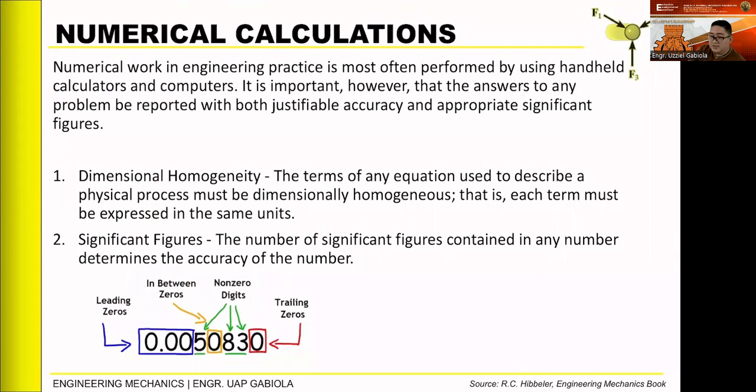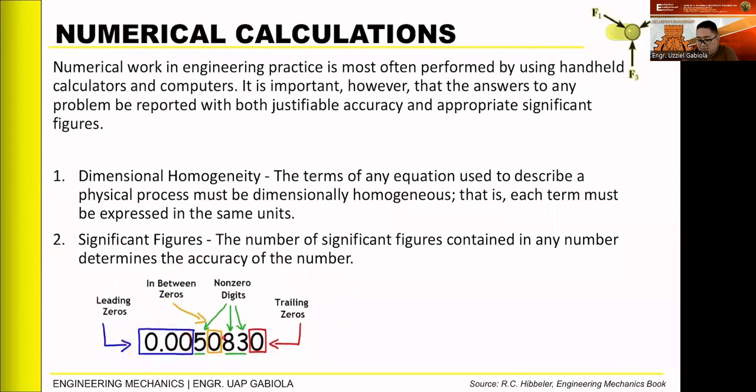So number 2 is yung significant figures na tinatawag natin. The number of significant figures contained in any number determines the accuracy of the number. So ito yung simple rules para sa significant figures. Leading zeros, o yung zeros before any non-zero digit, are always not significant. Hindi yan sinasama sa significant figures.